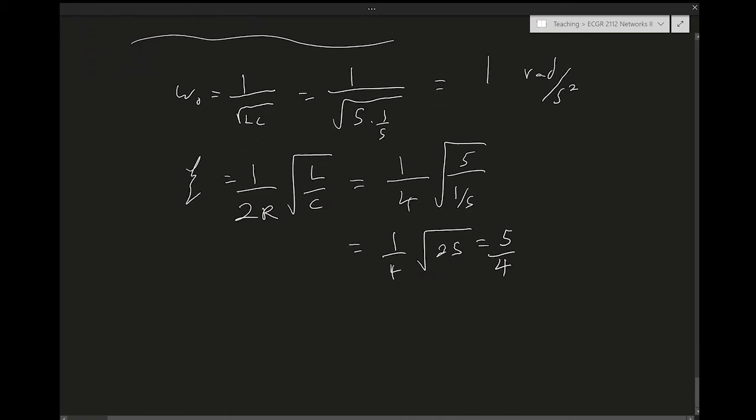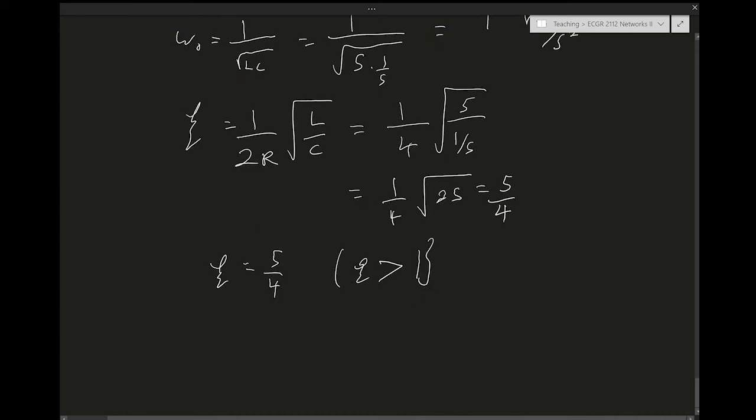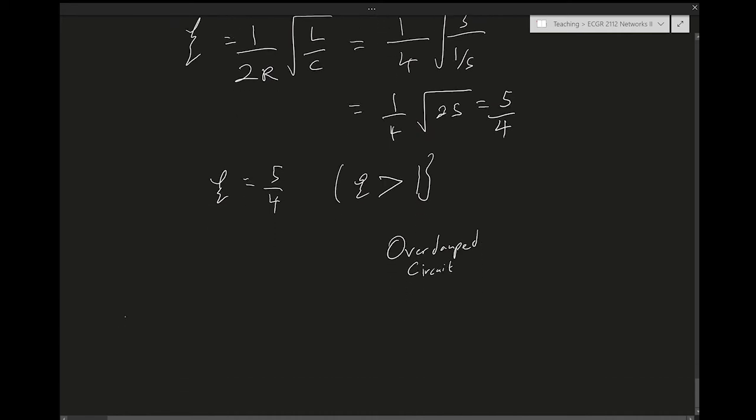Okay, so notice that zeta equals 5 over 4, which is larger than 1. So what does that tell us? This tells us that this is an overdamped circuit. So we should expect the response for the state variable V to have this form.